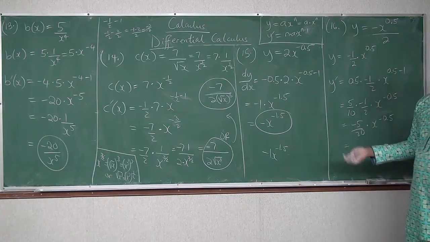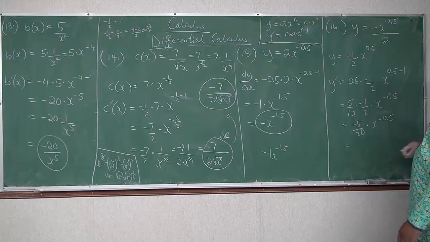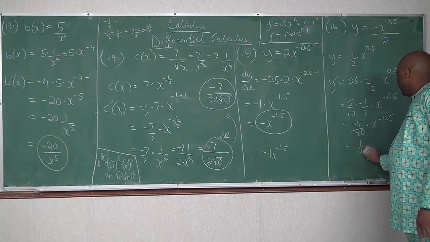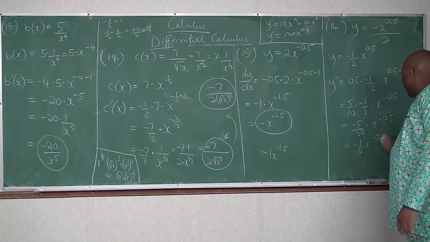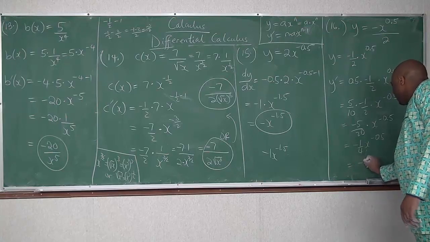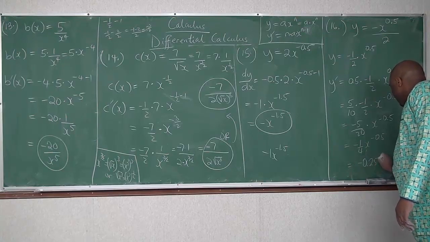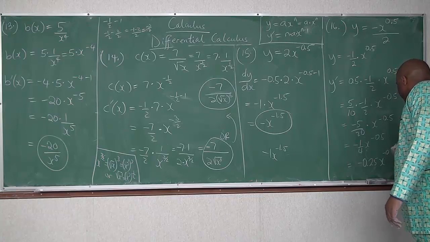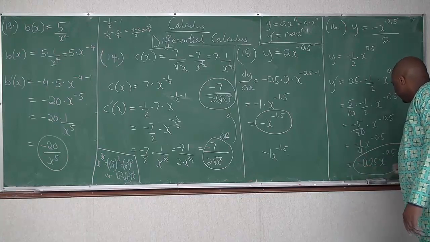Negative 1 over 4 is 0.25 anyway. Negative 1 over 4 x exponent negative 0.5, which is negative 0.25 x exponent negative 0.5. You can leave your answer like this, that's fine.